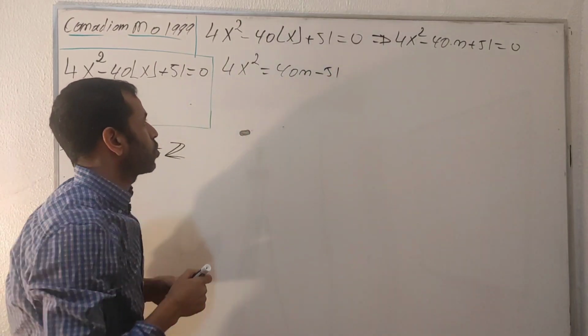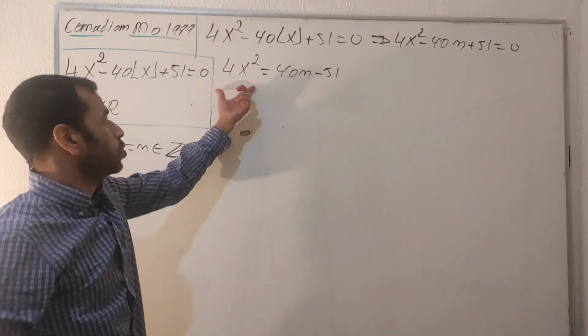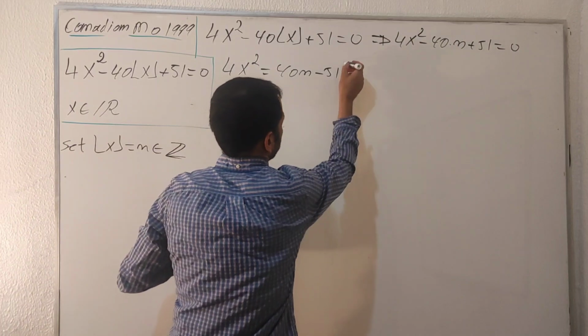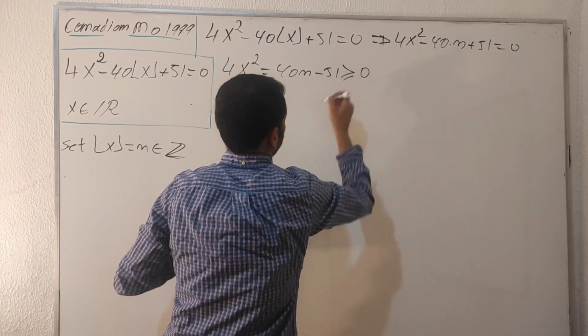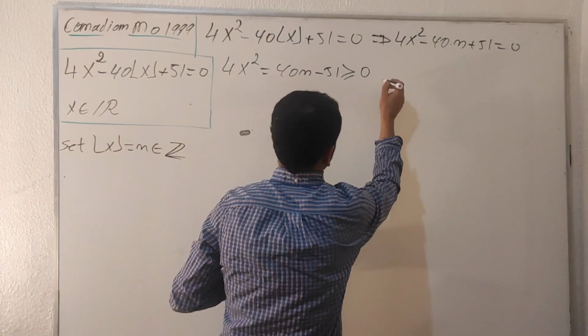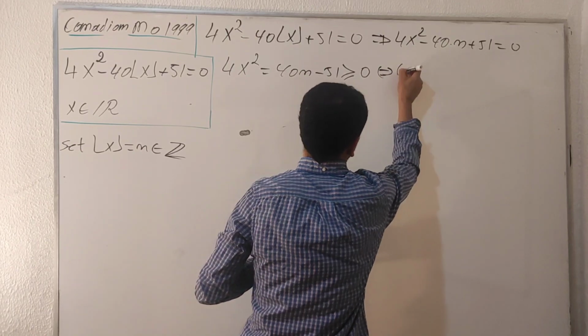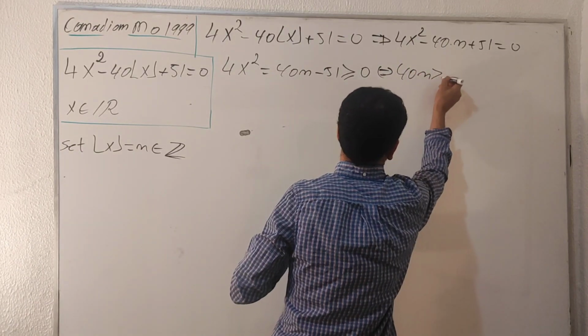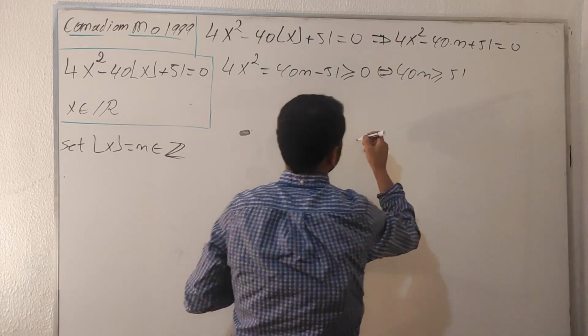If you take a look at the left hand side of this equation, we know this term is positive, so it is greater than or equal to 0. By taking 51 to the right of this inequality, I get 40n ≥ 51.